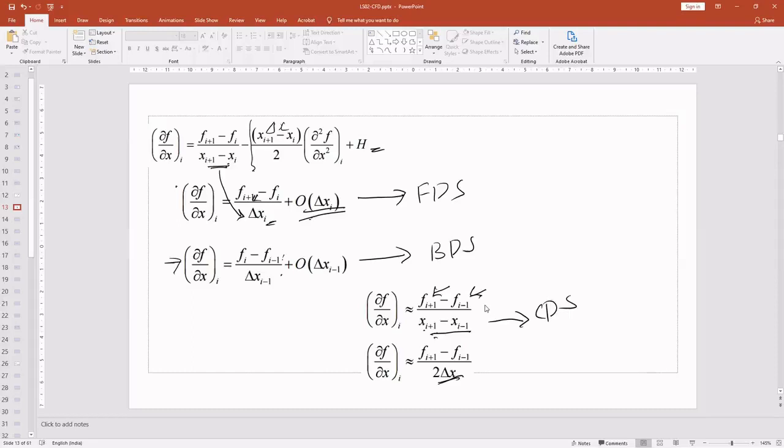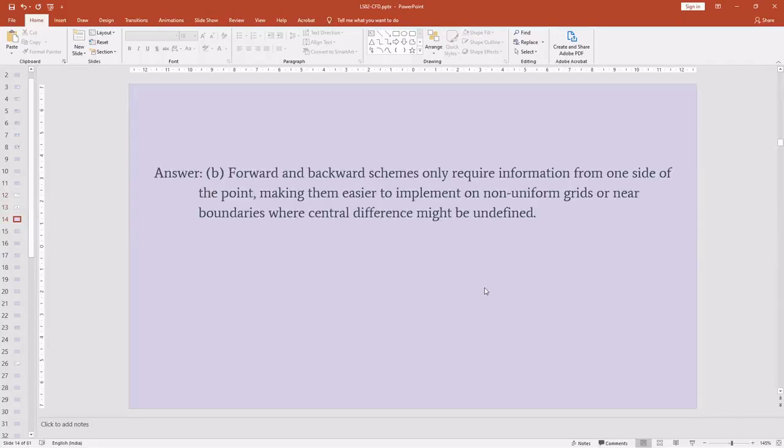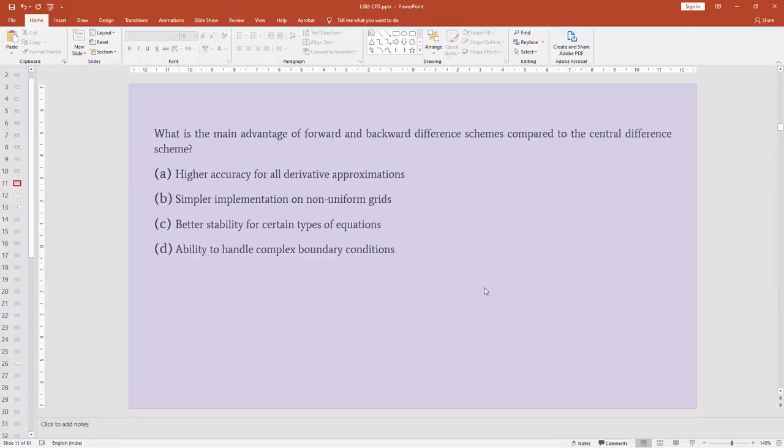So the question was, what is the main advantage of backward and forward schemes compared to the central difference scheme? Here the best advantage is the application on non-uniform grids.